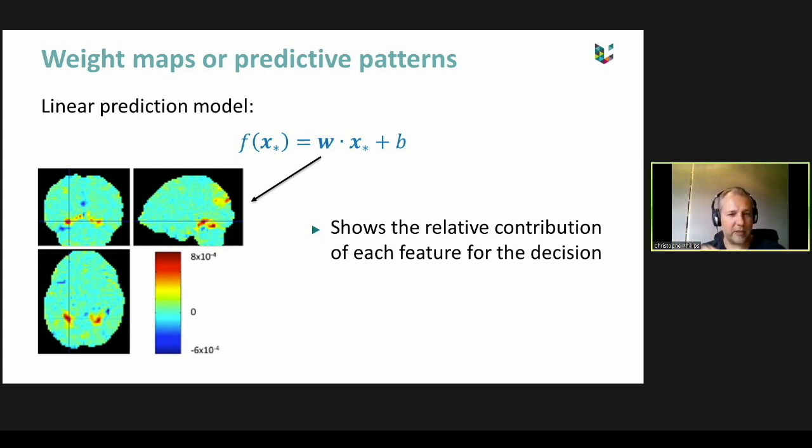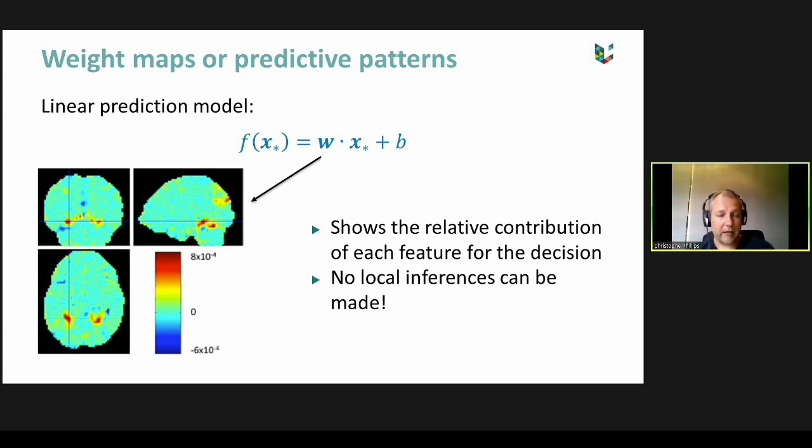As far as I remember, that's an example where we are categorizing fMRI maps from people watching faces or objects. And this would be the face region that would be involved in differentiating those two categories. But as I mentioned, we still cannot make local inferences. So the whole map has to be accounted and considered all together.